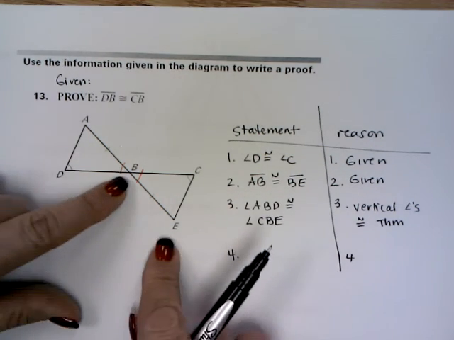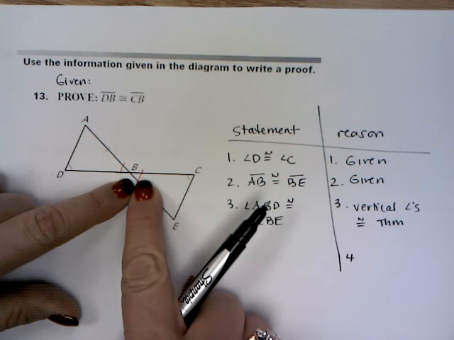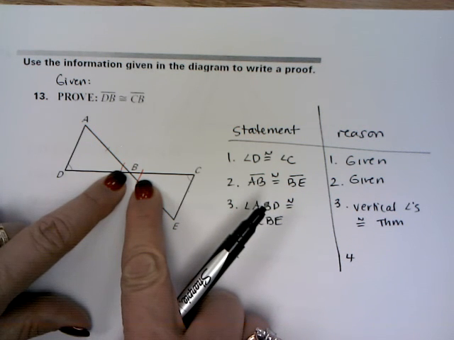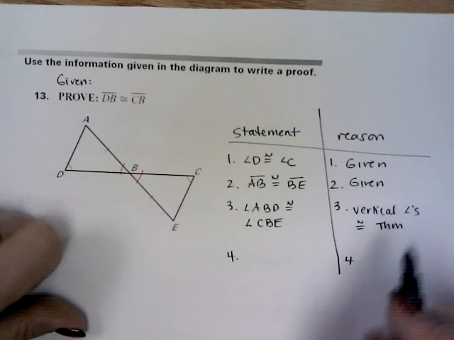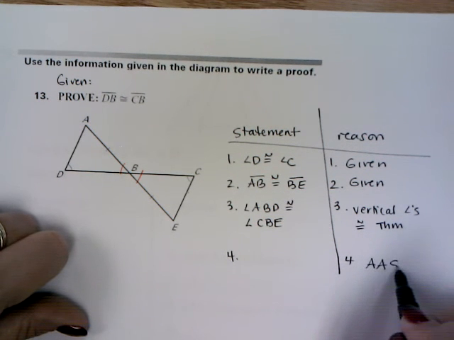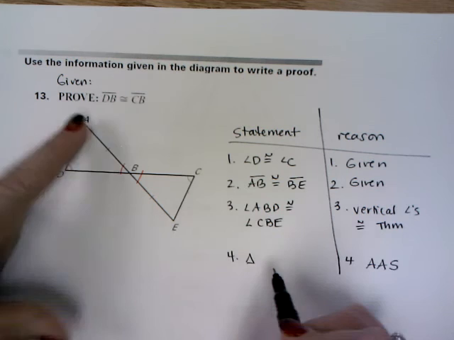All right, so now I've got an angle, a matching angle, a matching side. Now my two triangles are congruent.